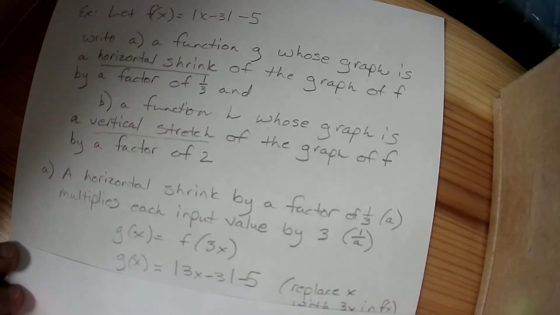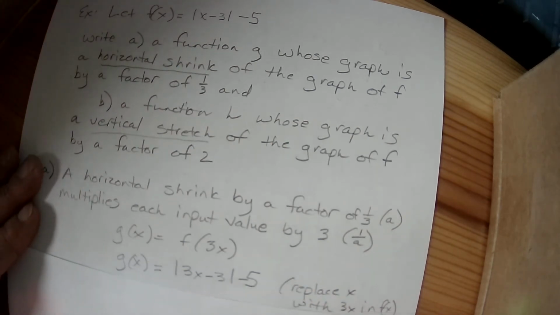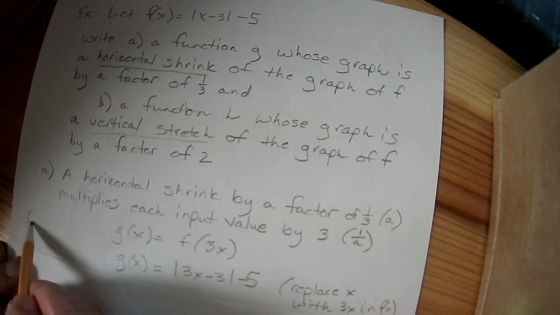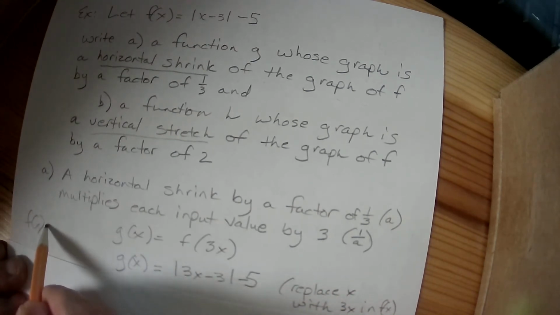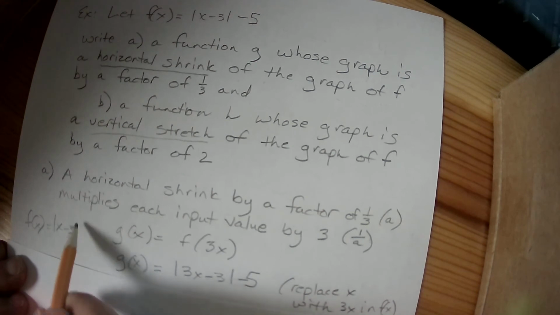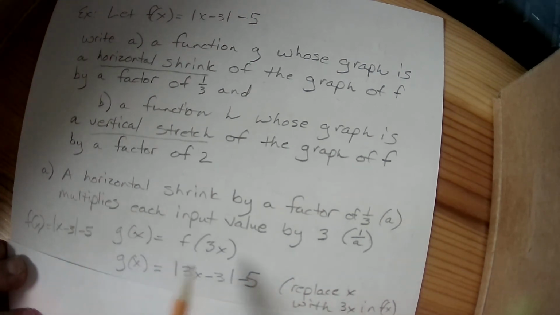So remember, f of x is equal to the absolute value of x minus 3, minus 5. So this is telling me that I'm only multiplying x by 3. Well, if I do that, I'm going to get the absolute value of 3x minus 3. This doesn't change, because all I'm doing is replacing this x with this factor. Okay?